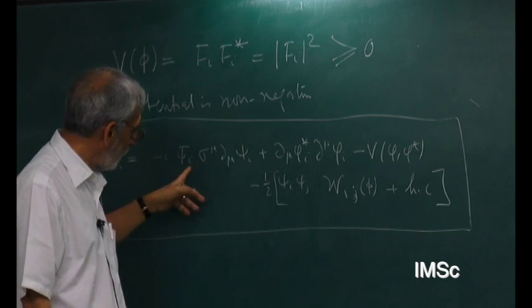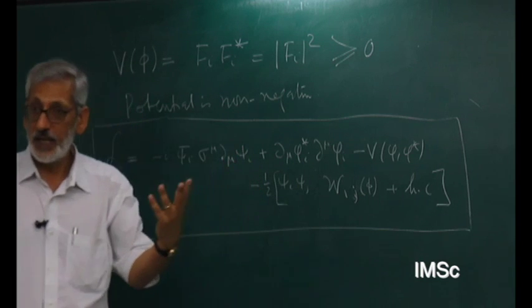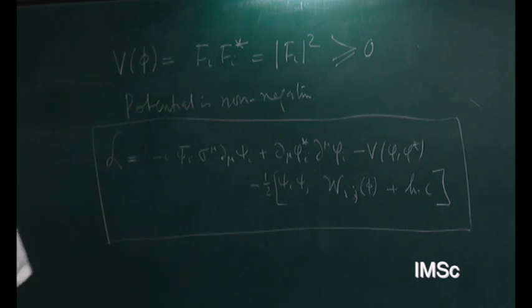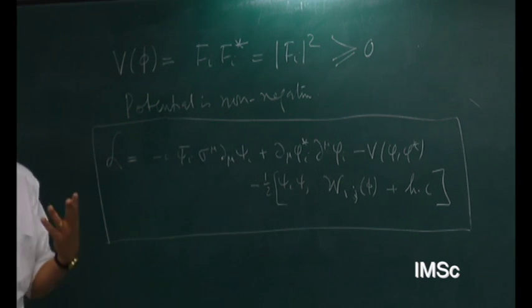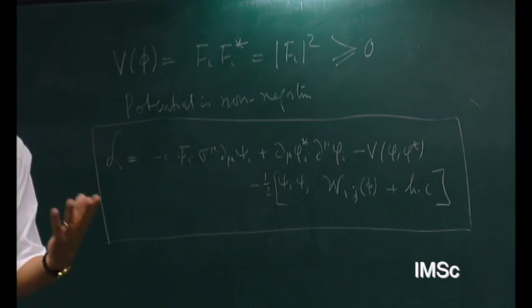Now, if you look at what we have, each phi_i is 2 real numbers for every value of i. And each psi_i is 2 complex numbers.